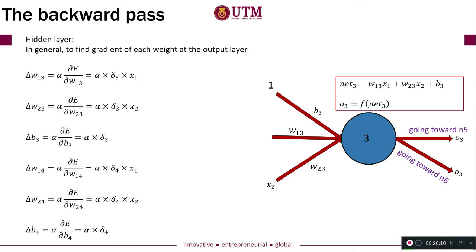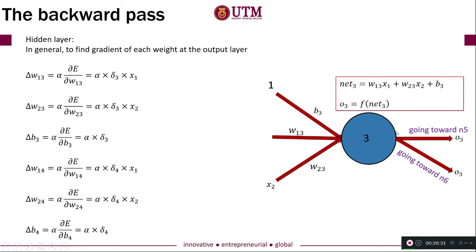If you want to find the updater of W13, it should be alpha times delta 3 times x1. If you want to find the updater of W23, it should be alpha times delta 3 times x2. So you will find it's very common.